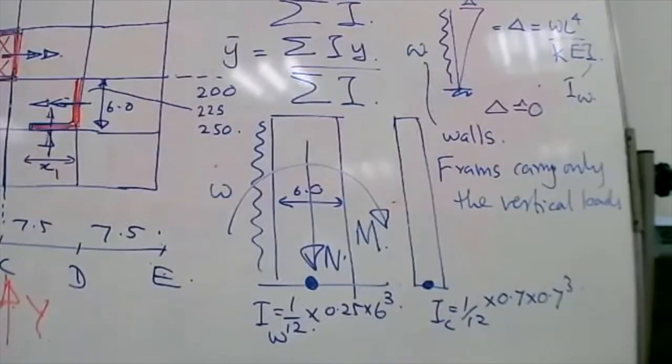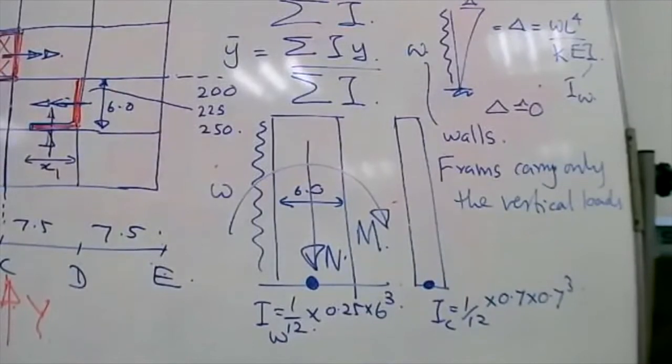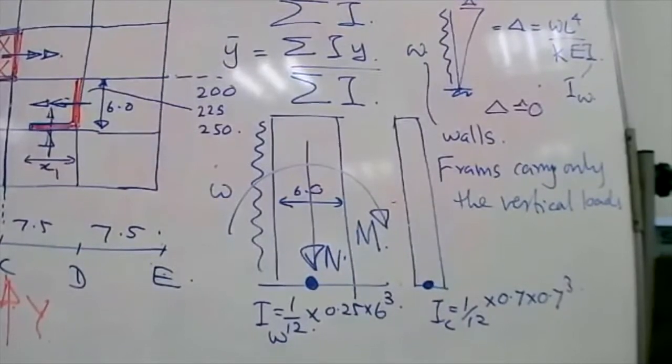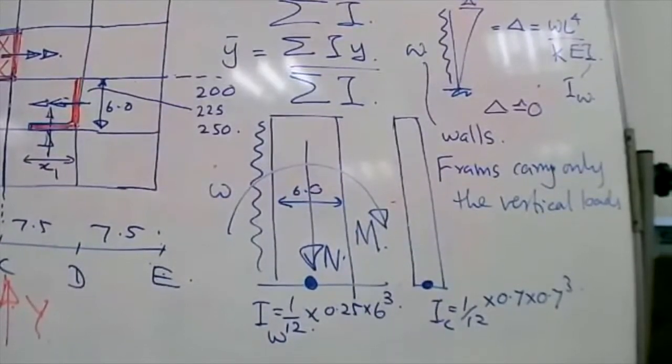So we can do the design first by designing the frame and then designing the wall. On the other hand, we can design the building by designing the wall first and then designing the frame. So either way, you will get the same answer because now we have divided the problem.